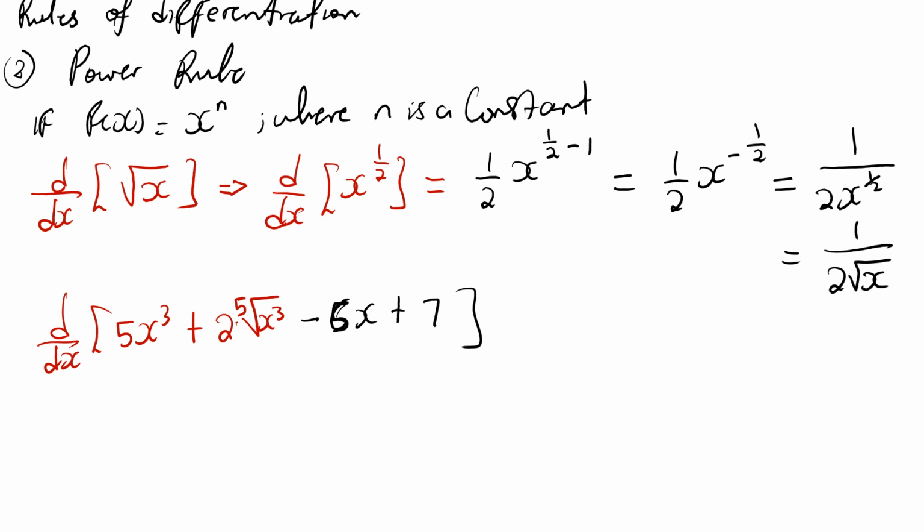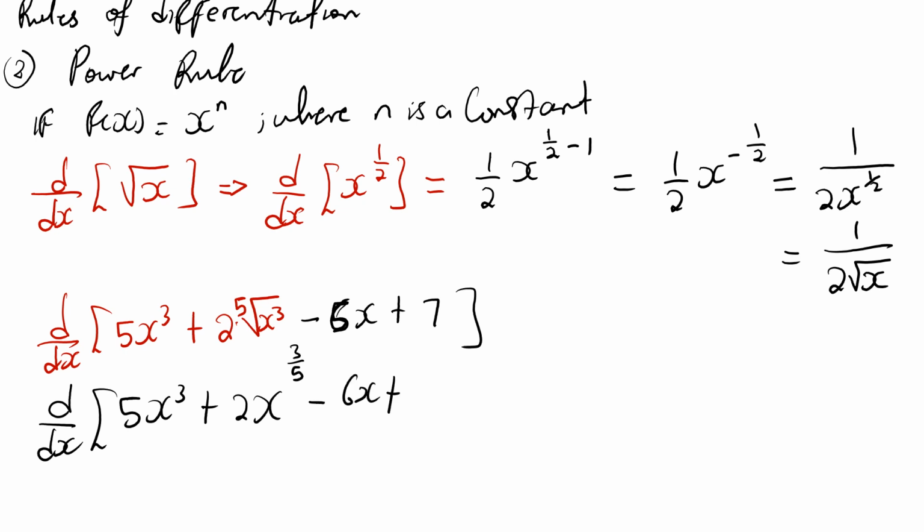So we have 5x cubed plus 2 times the fifth root of x cubed, which is x to the exponent of 3 over 5, minus 6x plus 7. Now we can differentiate this. Here we are going to differentiate each and every term, term by term.